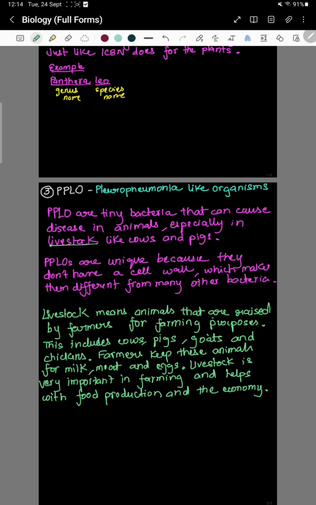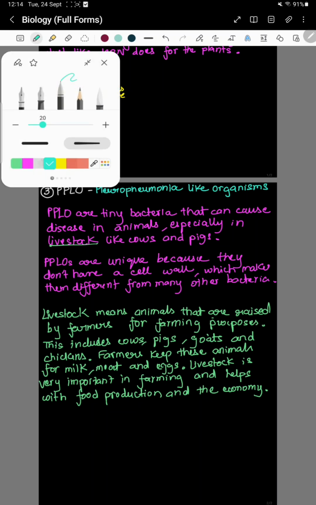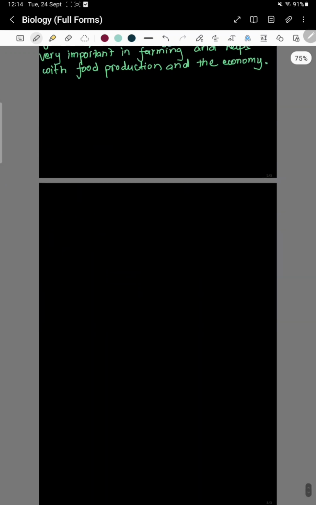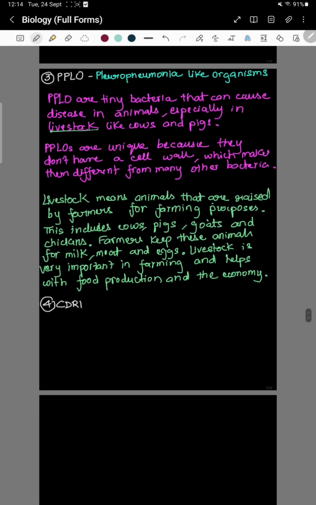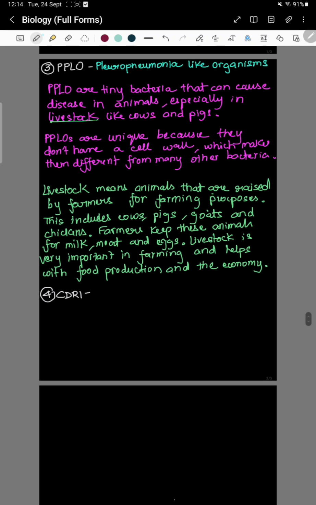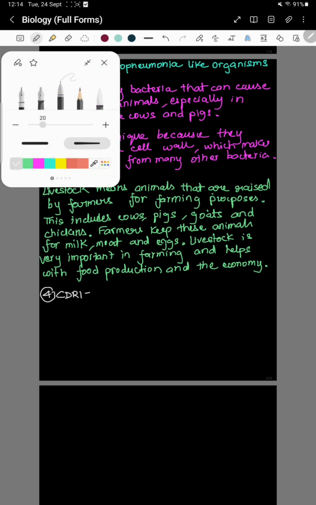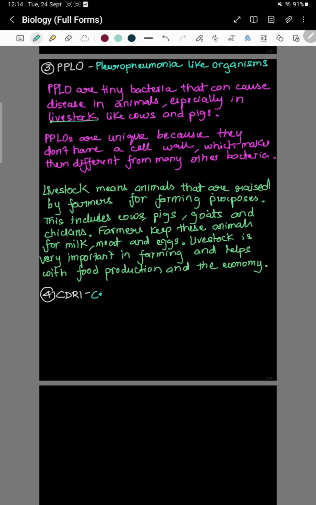Next full form is CDRI. Okay. Number 4, CDRI. Now CDRI stands for what? CDRI stands for Central Drug Research Institute.